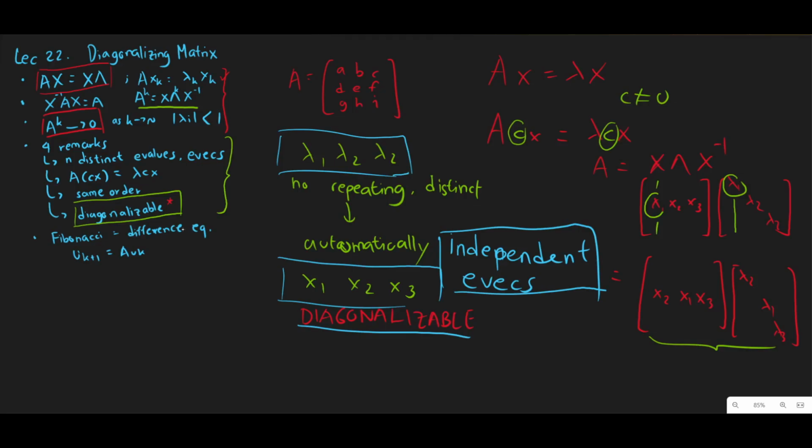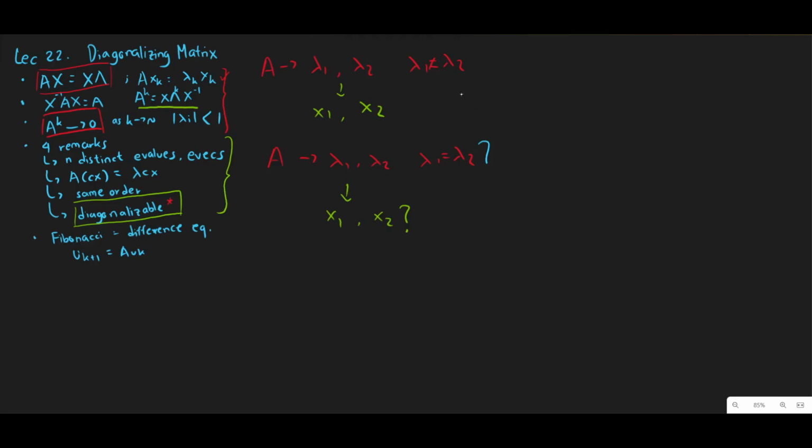Okay, so that's what is meant by the same order. And the last one, the diagonalizability. So let me clean this up a little bit. Previously I mentioned that when you have distinct eigenvalues, lambda 1, lambda 2, you automatically also have distinct independent eigenvectors x1 and x2. In this case, lambda 1 is different from lambda 2. Now there's also a case where you have the same eigenvalues, like this one.